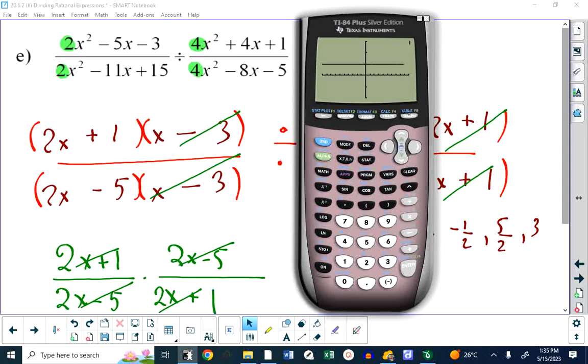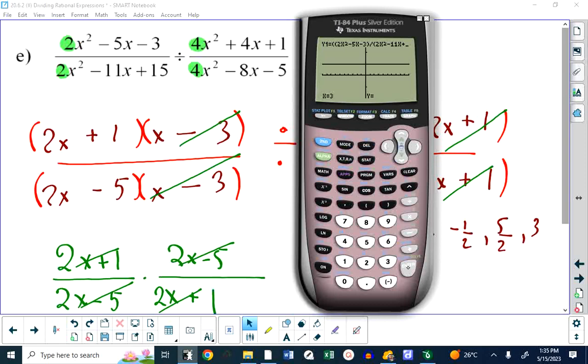If I were to go trace and enter 5, it tells me the y coordinate is 1, right? If I were to go trace 2, it tells me the y coordinate is 1. If I were to go trace 3, there's no y coordinate.